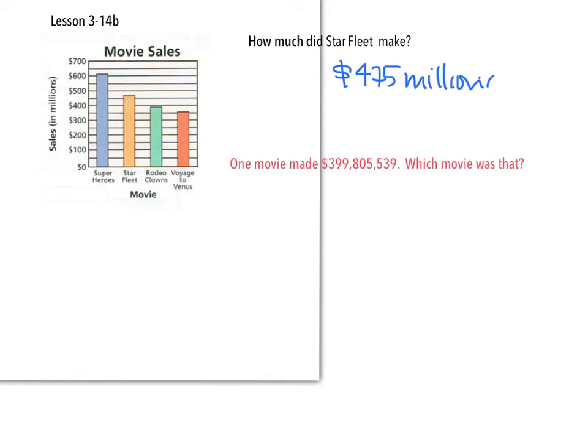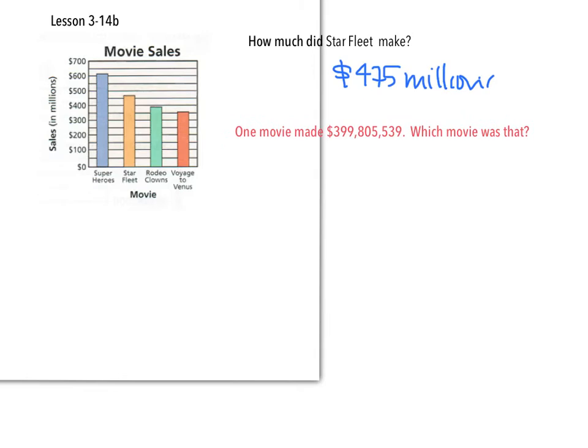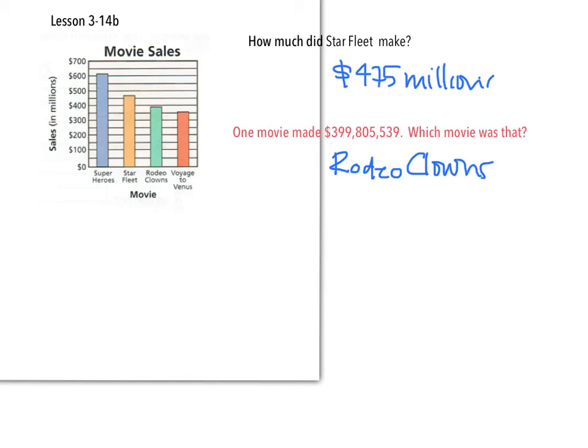Okay, so looking at that data, which movie made just a little bit under 400 million? Looking over at this information here, we see that 400 million is right here, and we only have one that's right in that area, and that is the movie Rodeo Clowns, which sounds like a fabulous movie. I might have to go see if I can find that.